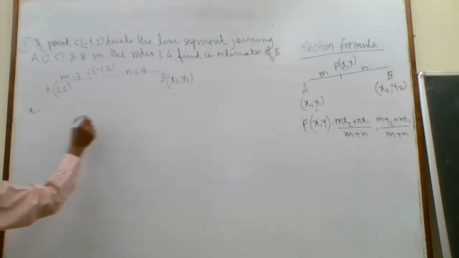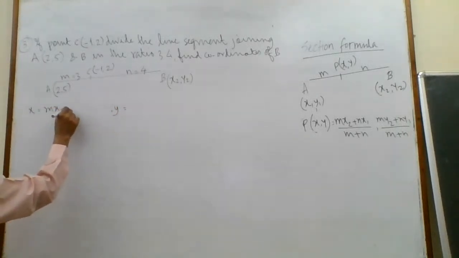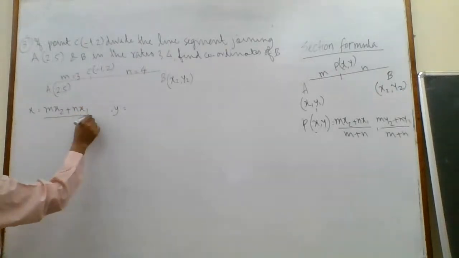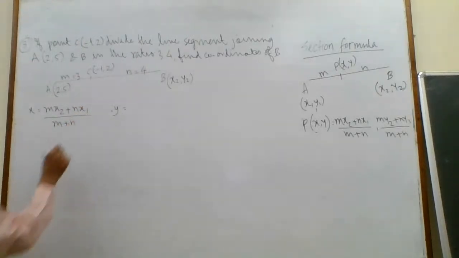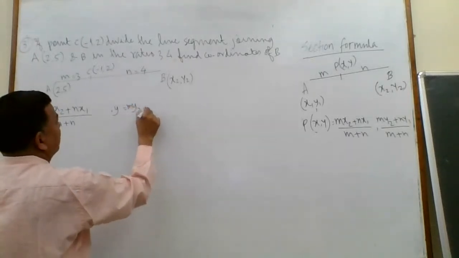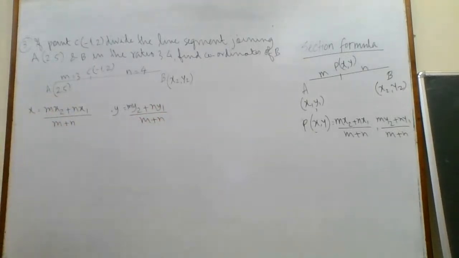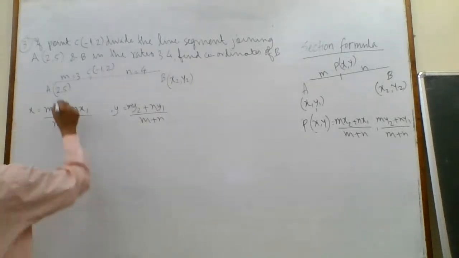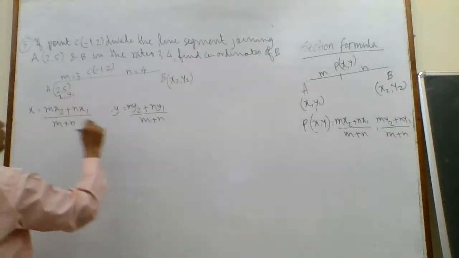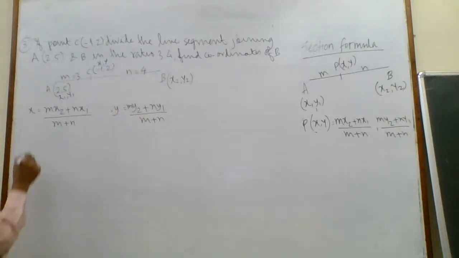We will apply the same formula only. It will be better if we do x and y separately, because we have to cross multiply. x is (m x2 plus n x1) by (m plus n), and y is (m y2 plus n y1) by (m plus n). Now we will start putting the values one by one. This is x1, y1. This is already x2, y2. And this is x and y. So in place of x, what to write?